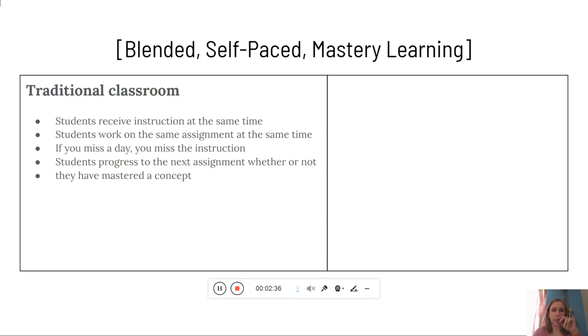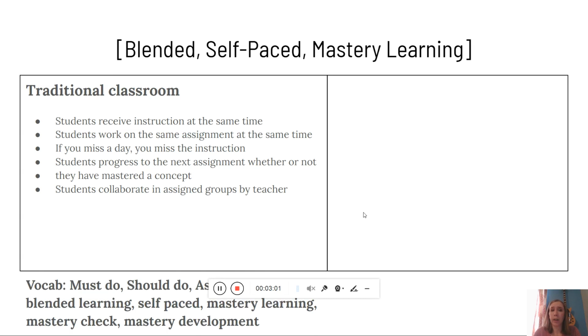So in a traditional classroom, you might get whatever score on that assignment. You might even get a 0 on that assignment, and then we're moving on to the next concept. You have not understood that concept yet. Students collaborate in assigned groups by the teacher. So the teacher is saying, you work with so-and-so.